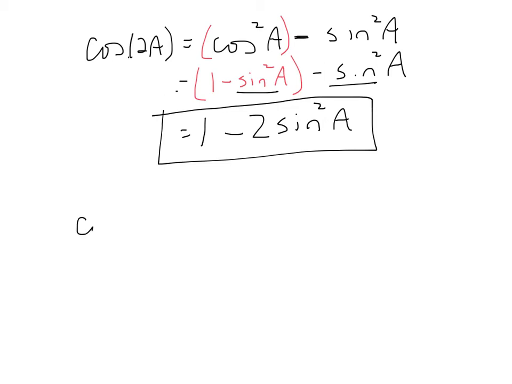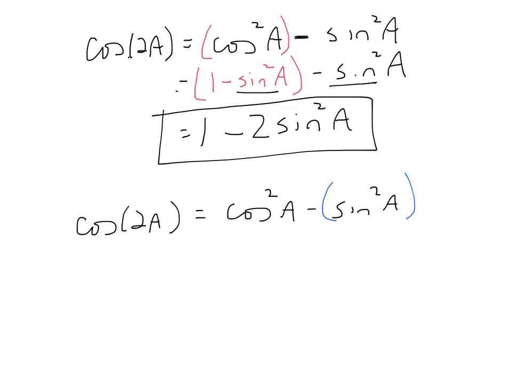Similarly, I can take my original, which is cos squared a minus sine squared a, and this time replace the sine squared a with its Pythagorean identity, which is 1 minus cos squared a. And again, those were on the previous page.